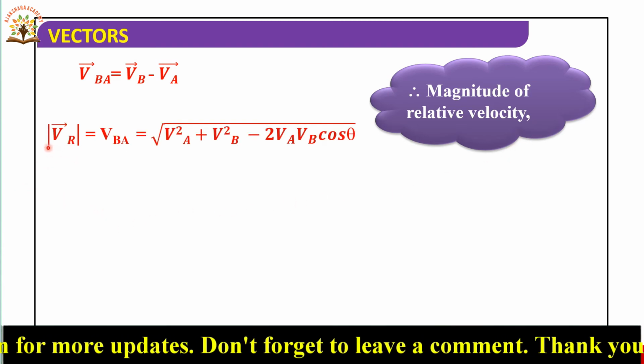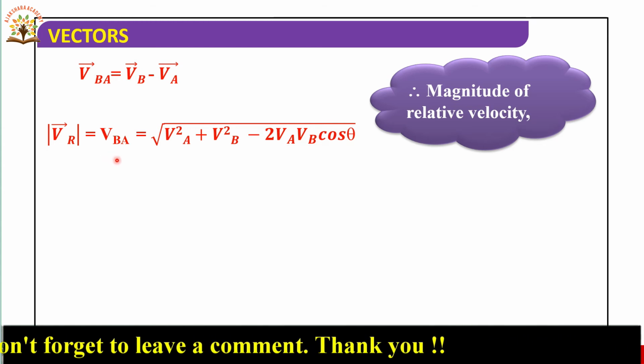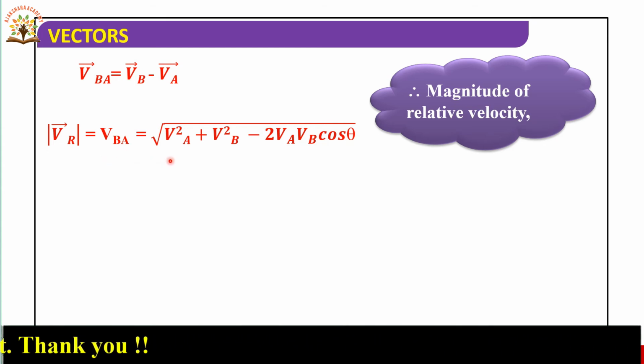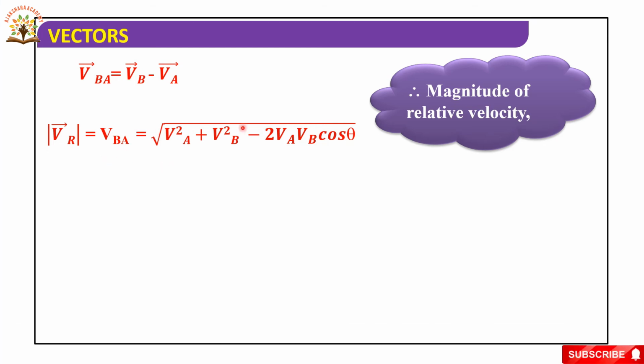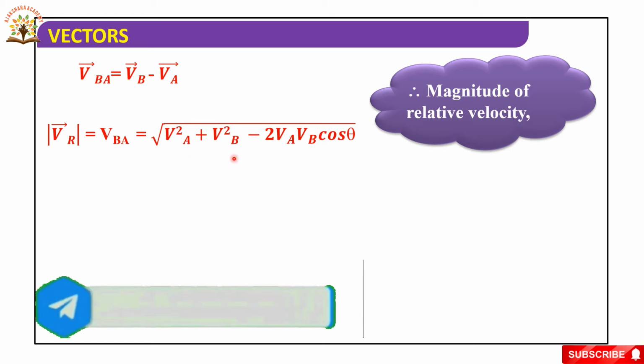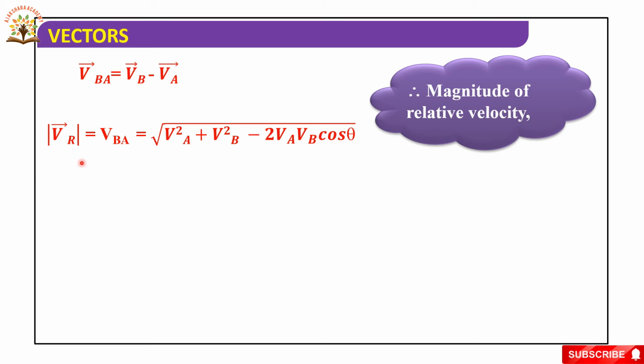The magnitude of relative velocity, modulus of VR bar, is equal to VBA, that is equal to the square root of VA square plus VB square minus 2 VA VB cos theta. This is the magnitude of the relative velocity.